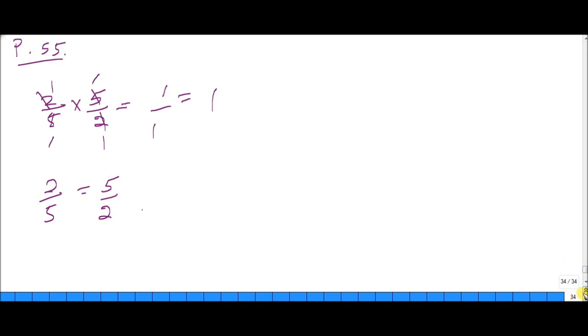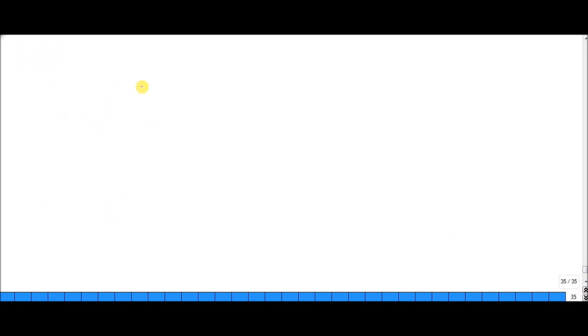Okay, then we moved on to exercise 1, which asks us to find the reciprocal of 17/19, and this would simply be 19/17. For number 2, it would have been 11/16, and the reciprocal would have been 16/11.